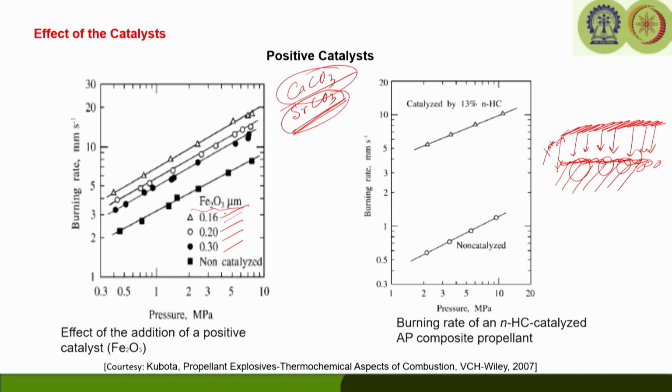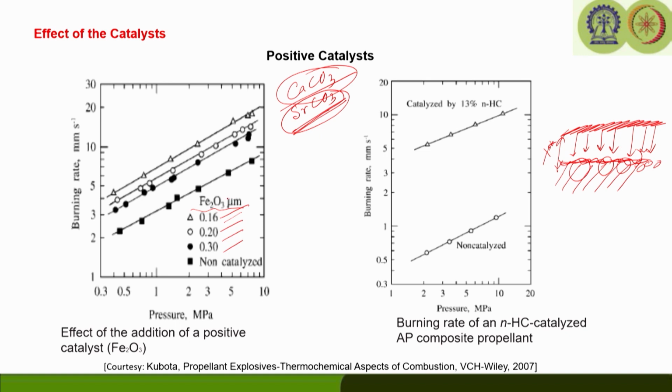Therefore, the particle size reduction is very influential, or the surface area per unit mass of the particles, the specific surface area, is going to play a role in enhancing the reaction on the surface.